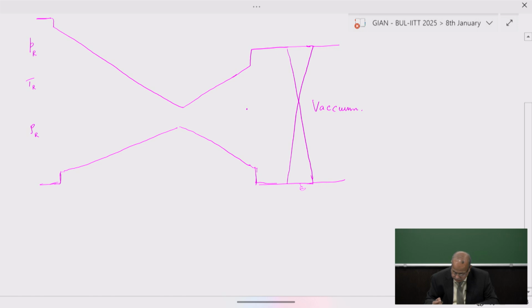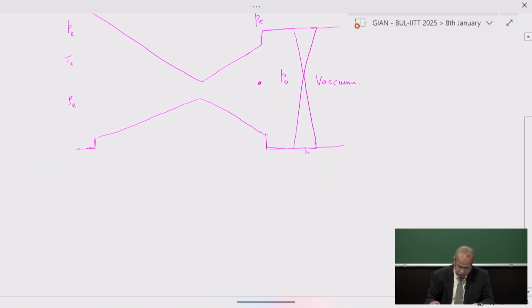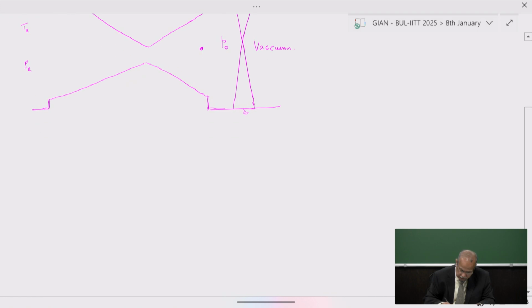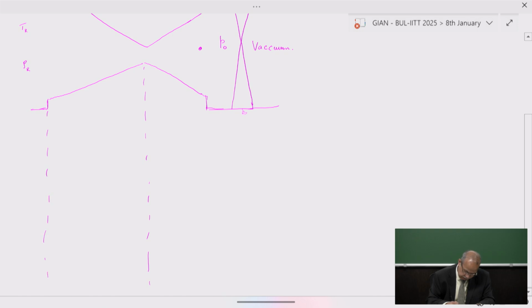This is the place where we're going to measure the exit pressure, and here is the pressure outside, the ambient pressure P naught. The exit pressure most of the time will be equal to the ambient pressure, but not always. Let's try and do this experiment, and monitor how the pressure distribution is happening here.